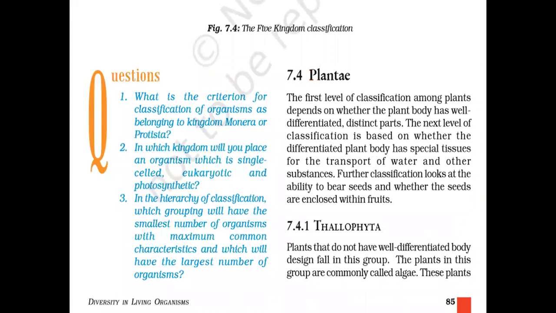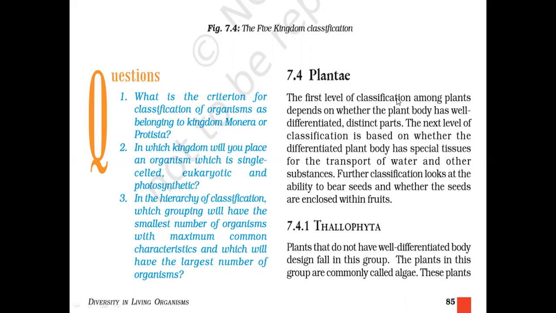So we had seen in the previous class that Plantae, the group of plants, are grouped together as autotrophic, multicellular and eukaryotic. Today we learn about the subgroups in it.